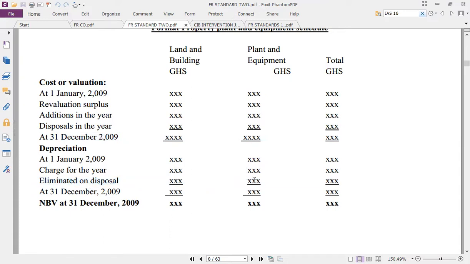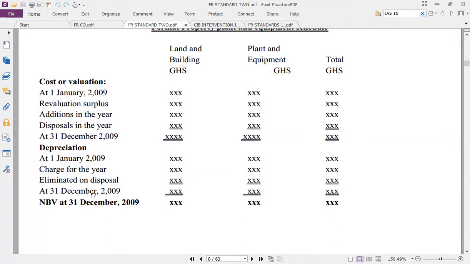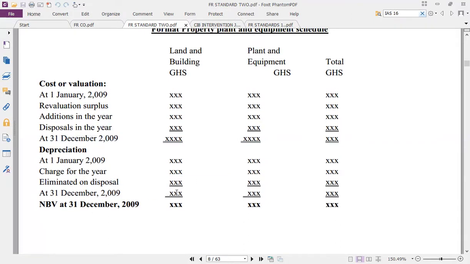That one you subtract, put that one in brackets. And you get a closing balance of what? The accumulated depreciation. Then how do you find the carrying amount? The closing balance of the cost less the closing balance of the accumulated depreciation. That gives us the carrying amount.